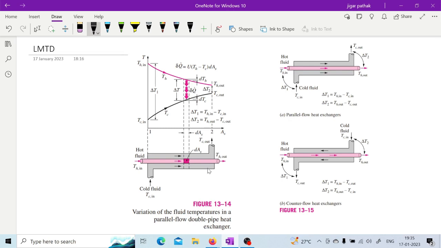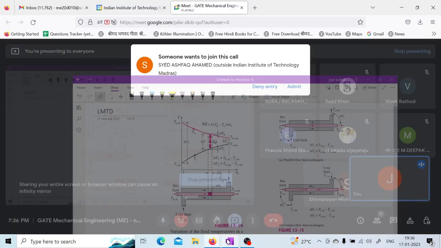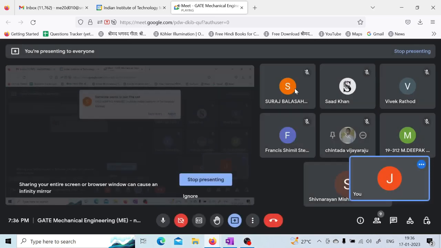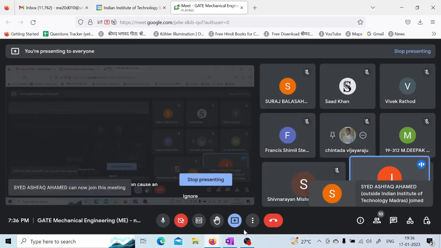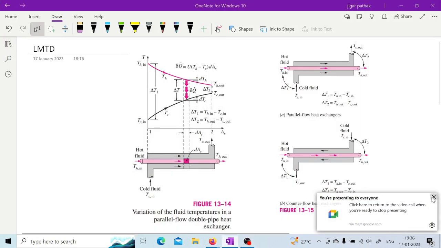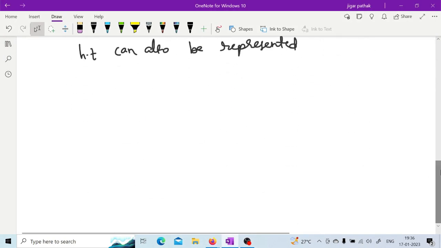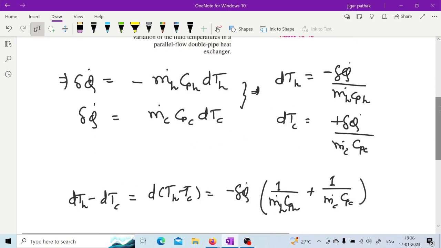The hot fluid is going to reject heat and the cold fluid is going to receive heat. As in thermodynamics, whenever heat is leaving the system we consider it negative, and whenever it is added to the system it is positive. So we have this delta Q for the hot fluid and the cold fluid, m c delta T only. Then we rearranged this in the form of dTh and dTc, and then took the difference between them.